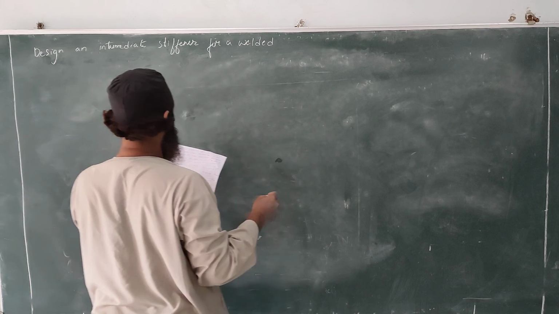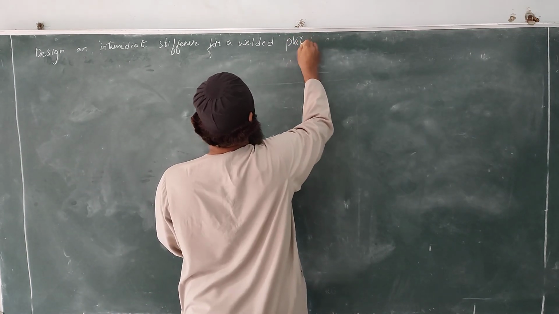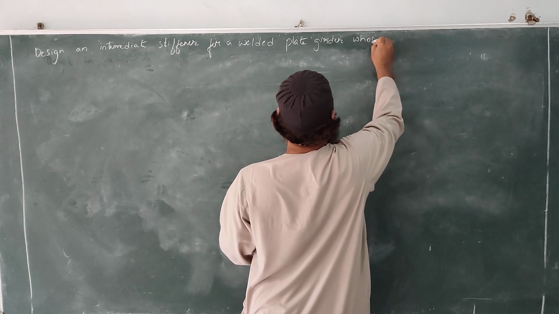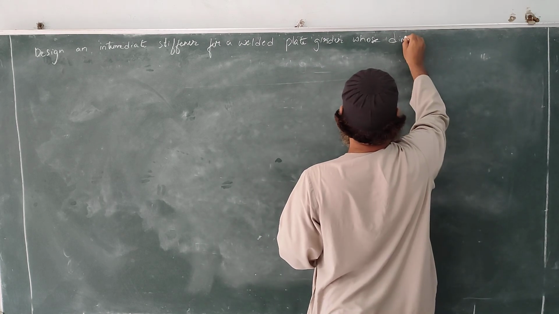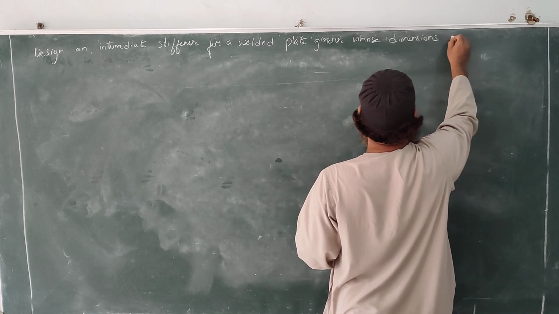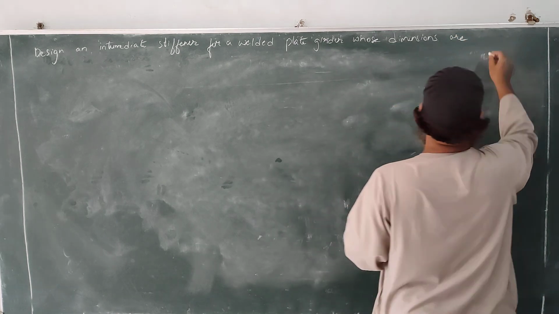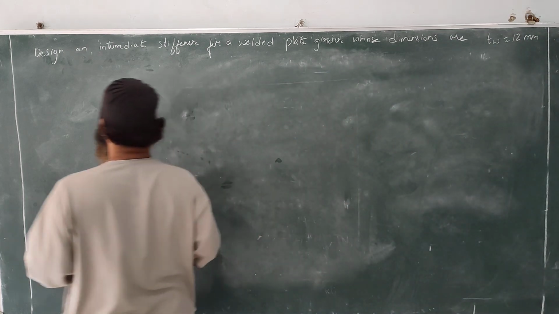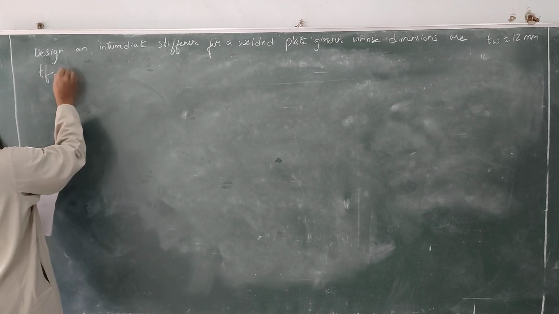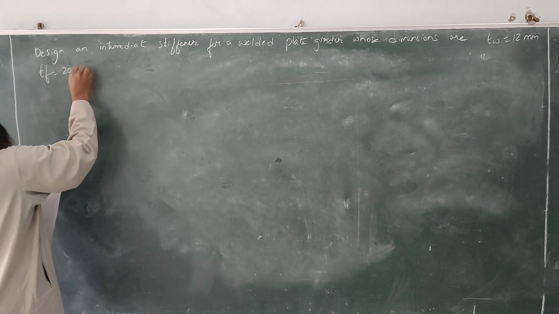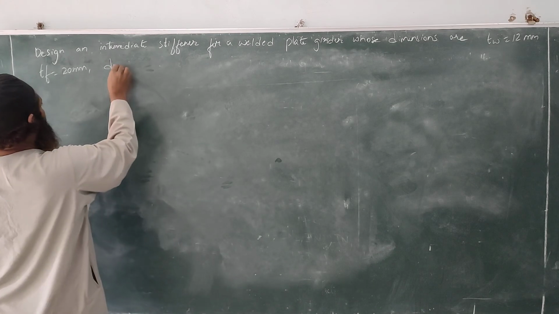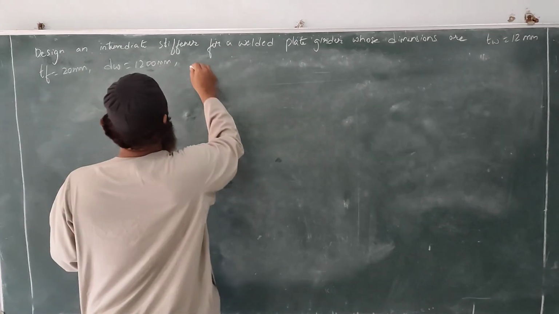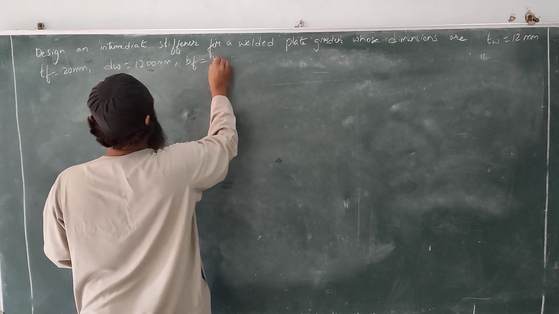Design an intermediate stiffener for a welded plate girder whose dimensions are: thickness of the web is 12 mm, thickness of flange is 20 mm, depth of the web is 1200 mm, and breadth of flange is 500 mm.